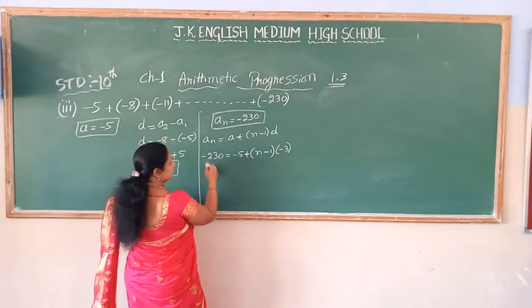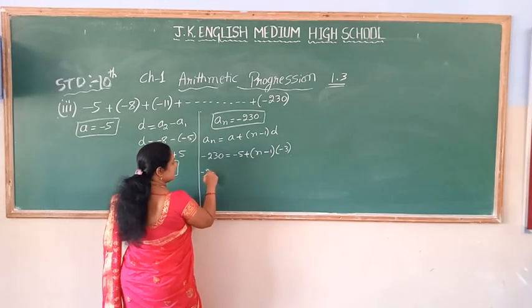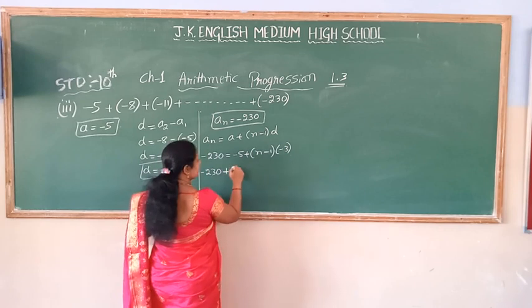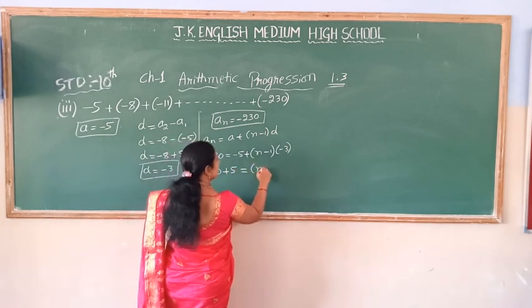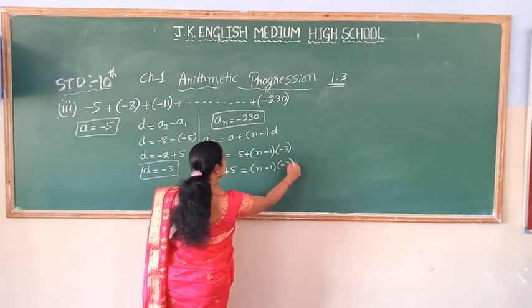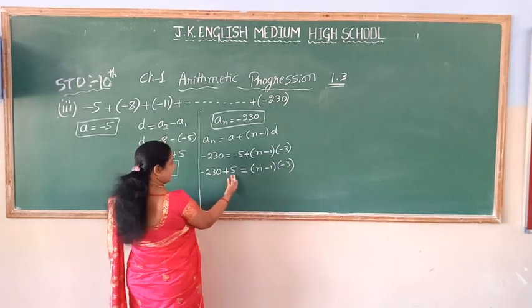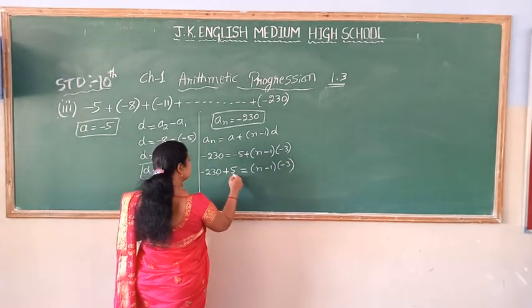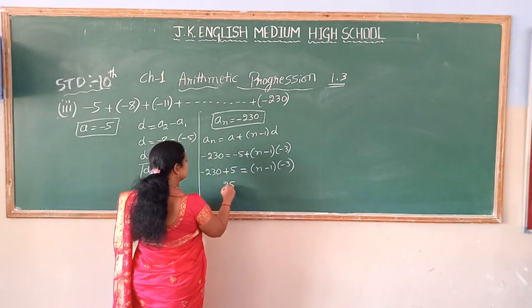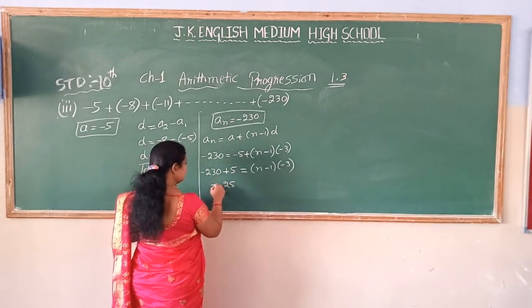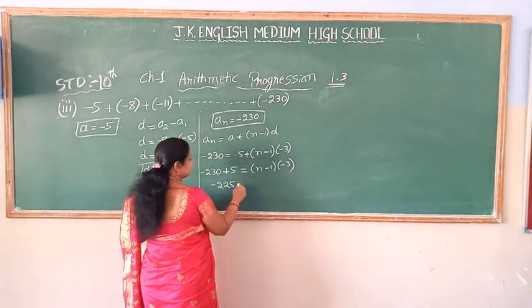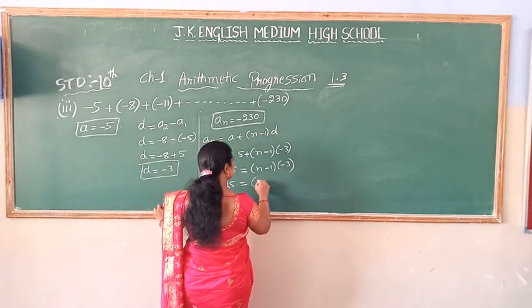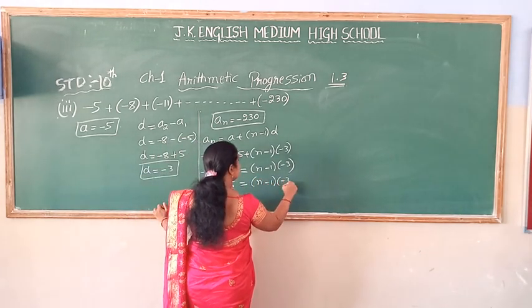This minus 5 you take to this side, it becomes plus. Minus 230 plus 5 is equal to (N minus 1) into minus 3. When we subtract, we will get minus 225 is equal to (N minus 1) into minus 3.